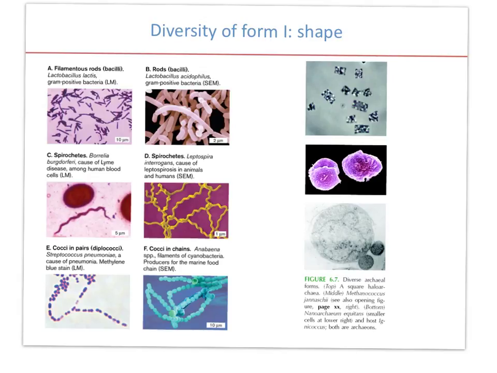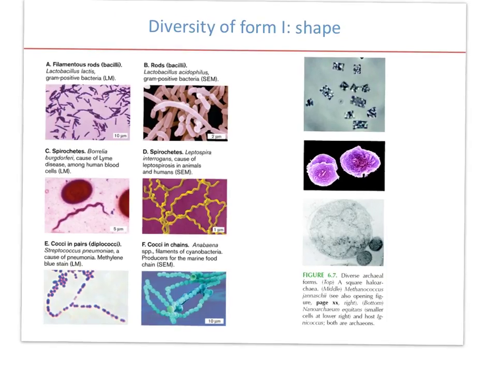When you look under a microscope at bacteria and archaea, the forms you see fall into three main categories. One of them is bacilli, or rods, and you might see a few different types of rods: filamentous rods, so rods that have long filaments, and then more standard rods.